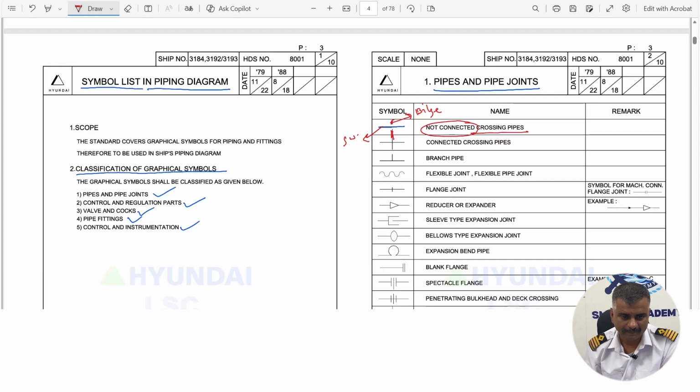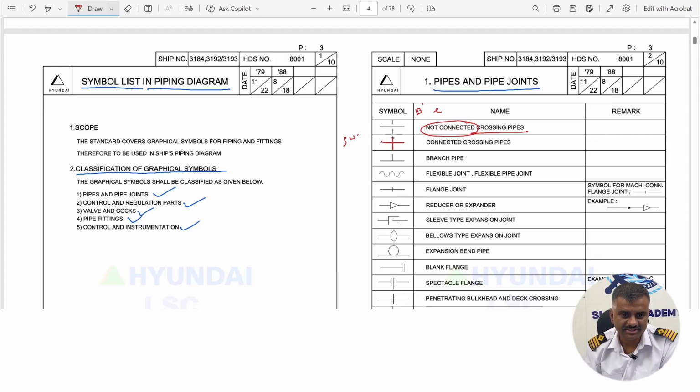Okay, let us see the second one. I'll show it to you through a photo also, how they look like. The second one is connected crossing pipes. Similarly to the first photo, in the second photo you don't have a gap between the two pipes. The pipes are connected like this, so this will be a common pipe.